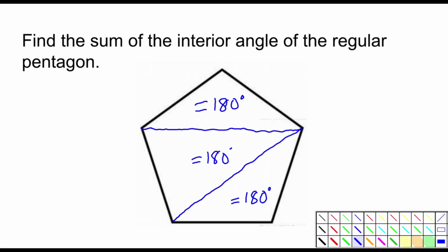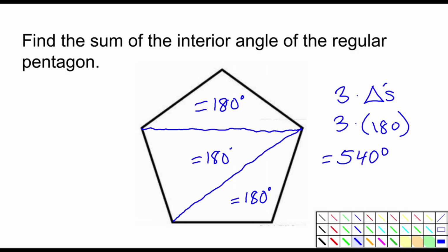All right, and so that means my answer is going to be, since I have 3 triangles, I know that each triangle is 180, so that's just 3 times 180. And this is what they start doing by now. So now you should start seeing, oh, just try to take my shape and cut it into a few triangles, and just do a little multiplication. So I believe that is what? 540 degrees. All right, perfect.